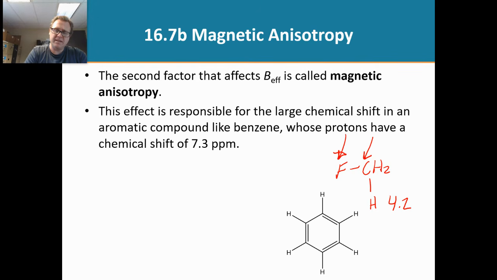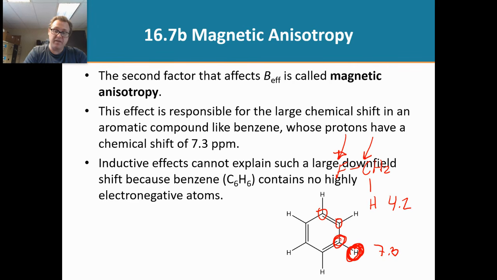But when we look at benzene, we see that these 6 hydrogens have a chemical shift of about 7.3, which is kind of weird because look at the atom that they're attached to. They're carbons. Carbons aren't very electronegative. So why are these hydrogens so deshielded? It has to do with this concept of magnetic anisotropy, and it happens when you have pi systems, double bonds and triple bonds.